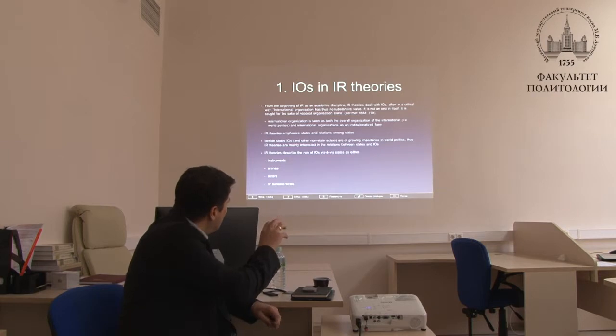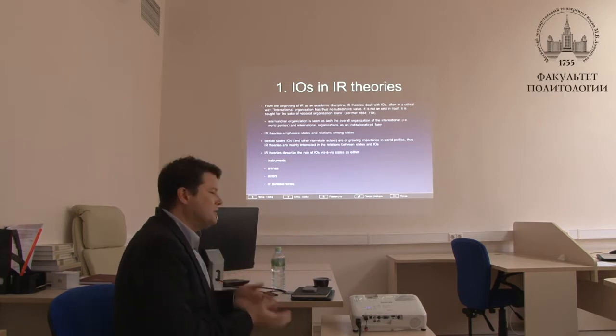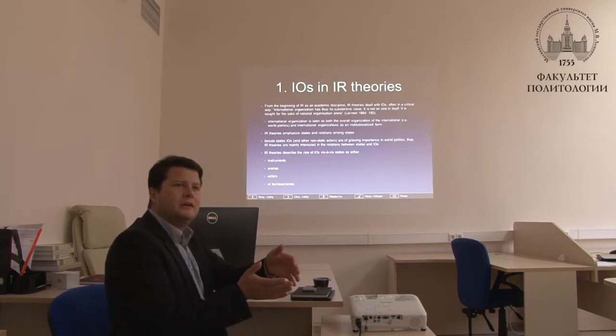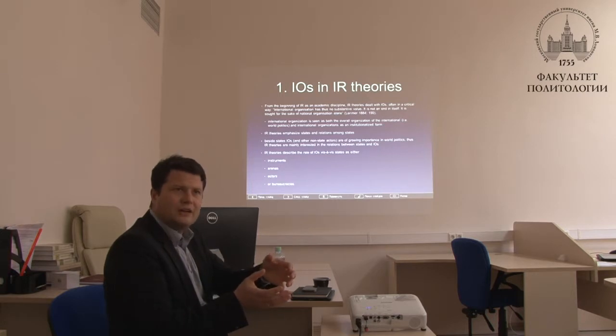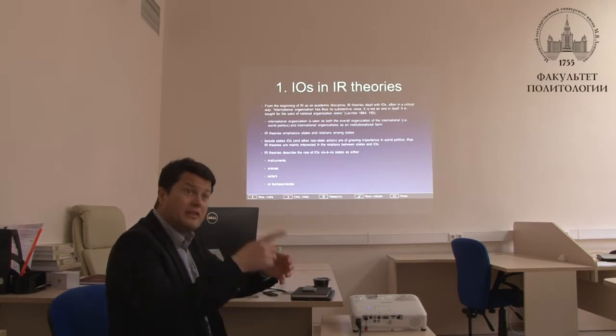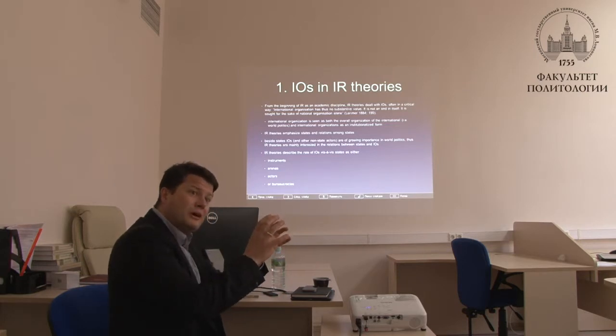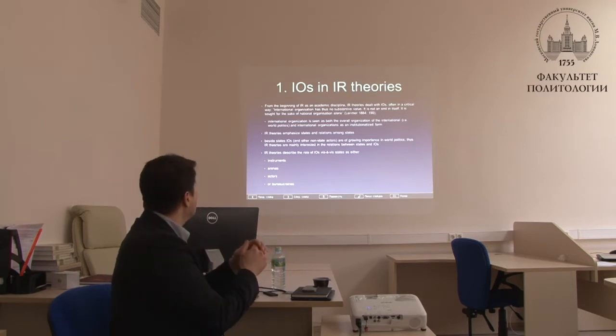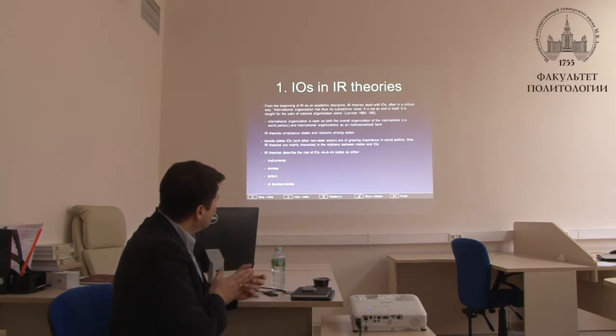So this is, so to speak, a different path to theoretically conceptualize international organizations. We are not going through all the theories, we are rather going through different ways how a number of theories are describing or studying international organizations. And these are the four metaphors that are most important in that field.